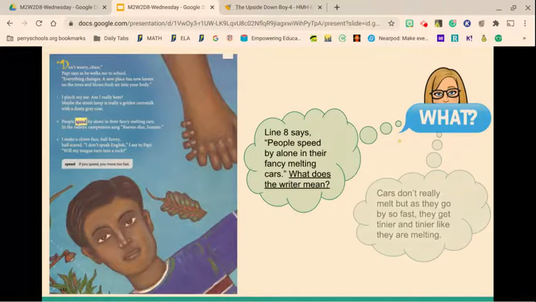So I have to do a little bit of thinking. I know that cars don't melt, but they do go by fast. And as they go by, if I can still see them on a straight road, I know that they're going to get tinier and tinier, kind of like they're melting. So he's watching these cars that are big when they drive right by him, and they keep going, and they're getting tinier and tinier, so it's like they're melting.